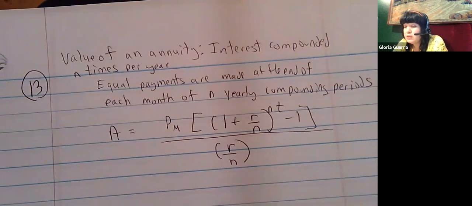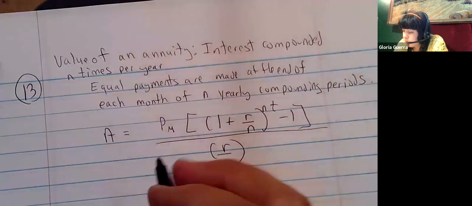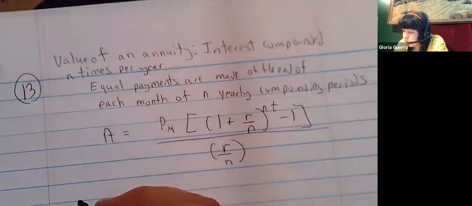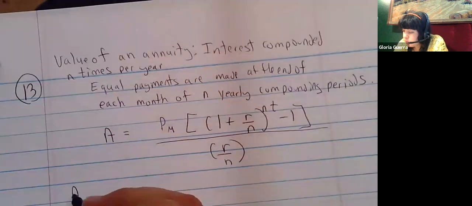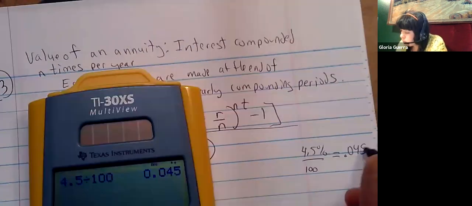So for us, we're depositing $150. For R, I take 4.5 and divide it by 100 on my calculator, which gives me 0.045.